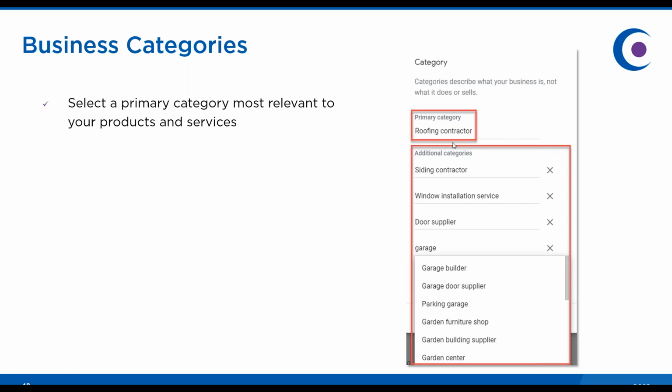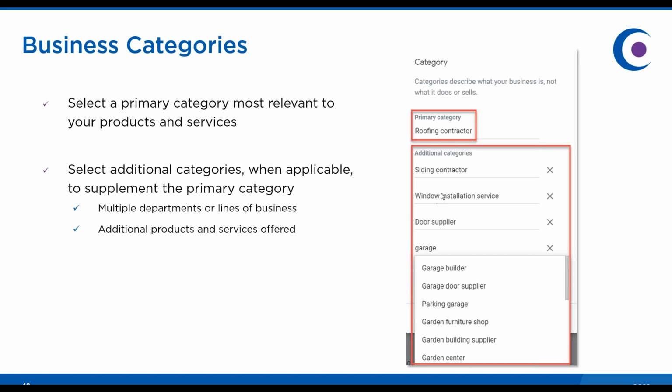You want to choose the primary category that's most relevant to your business. So in this case, if it's a roofing contractor and they also provide other products and services to their clients, but roofing is the biggest part of their business and what they want to promote, they should choose roofing up here, and then make sure to add additional categories only when applicable to supplement that top category.